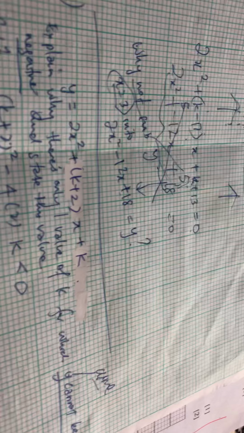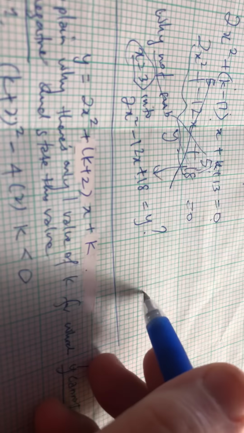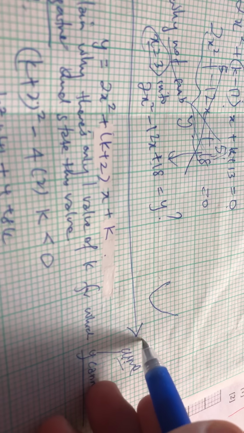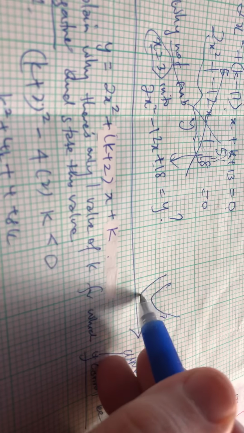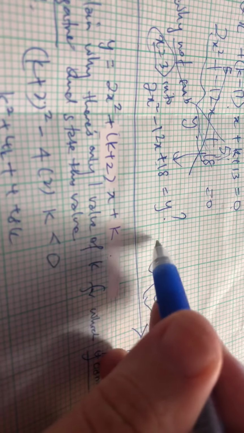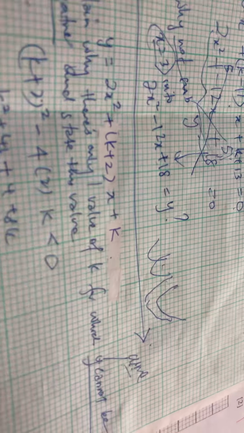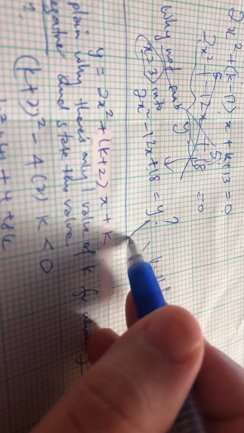Now, what does y cannot be negative mean? It means that your y, which is a curve, cannot be negative. So let's say this is the x-axis. It has to be above is okay, but the important thing is you need to understand, cannot be negative. So can it be 0?